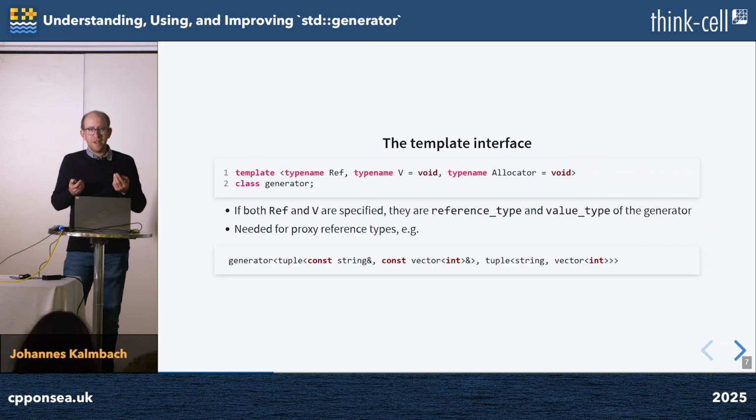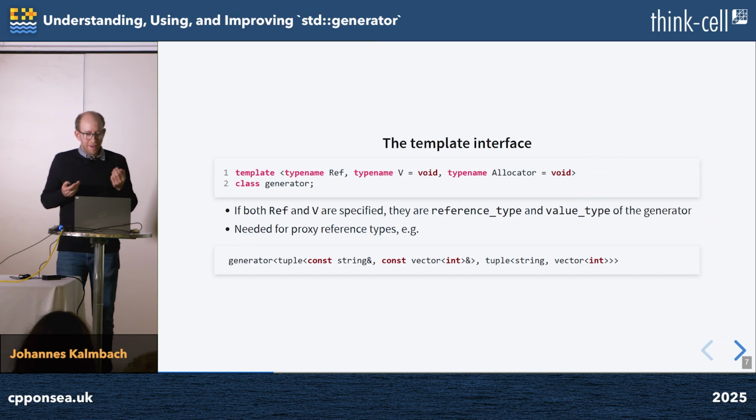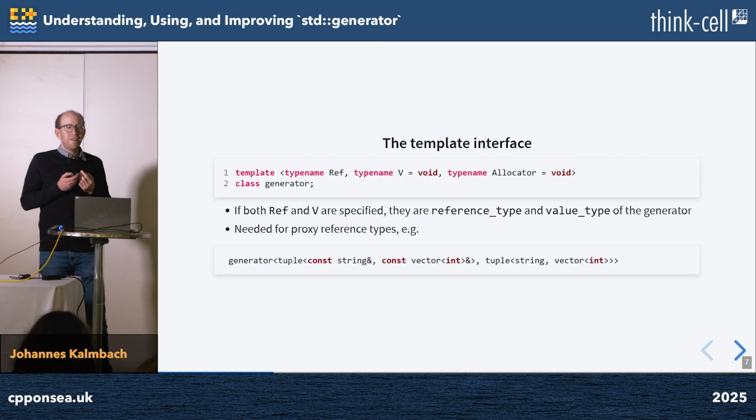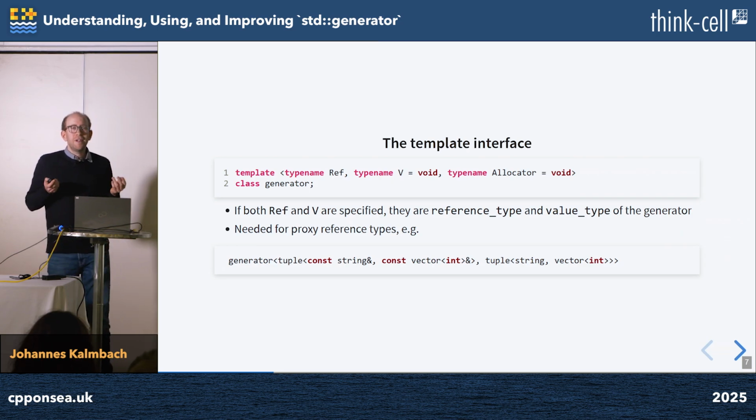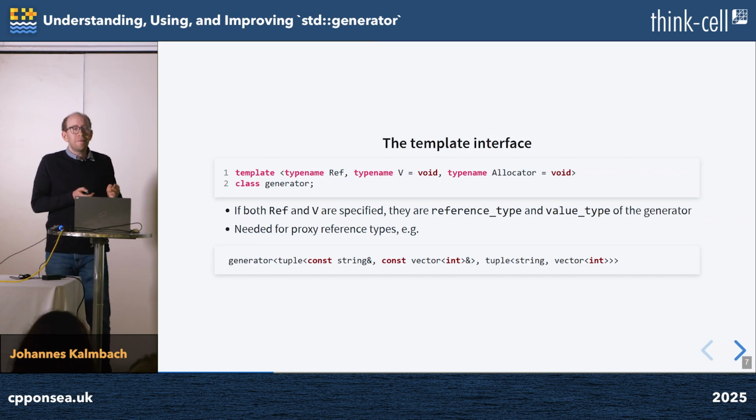For example, there's the std::vector<bool> specialization, since forever, which has certain proxy references that index particular bits. Or if you think of something like a zip view in C++20, there your value type is a tuple, but your reference type is a tuple of references.